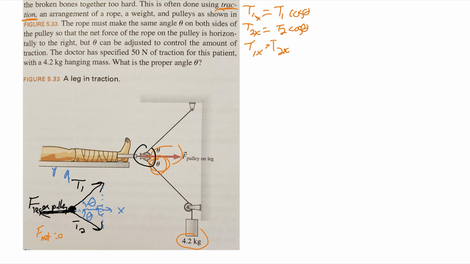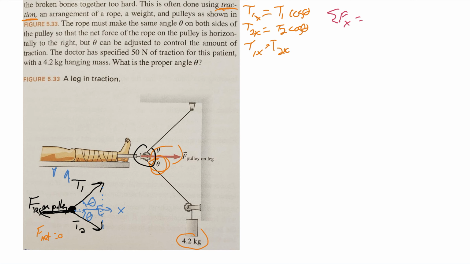All right. So at this point, I'm going to do my sum of the forces. Let me change colors here so I'm not confused. Sum of the forces in the x direction equals, what do I have? Negative F, the leg on the pulley. What else do I have? T1x and T2x.